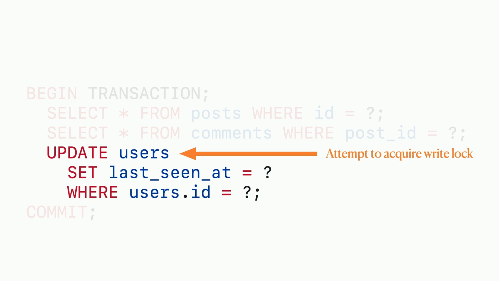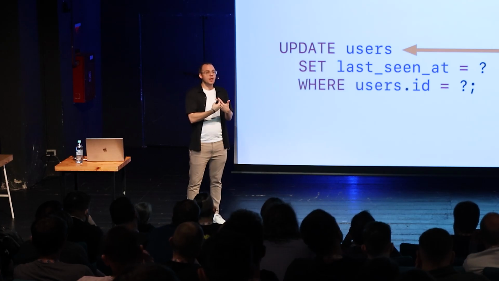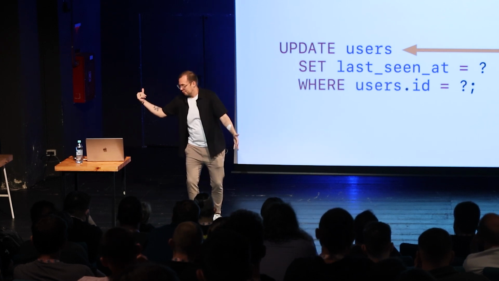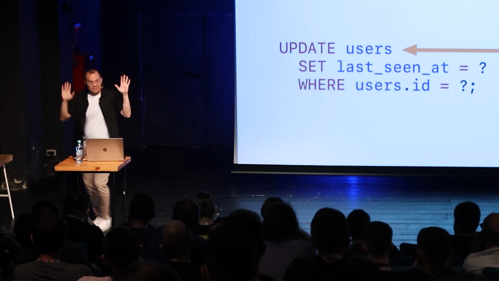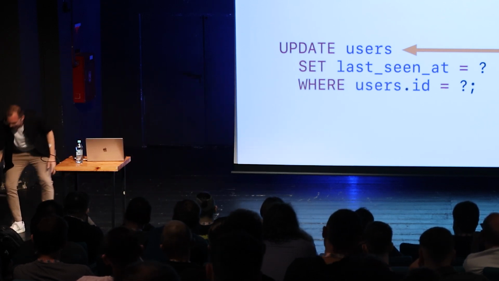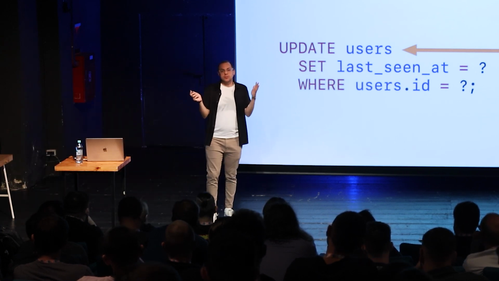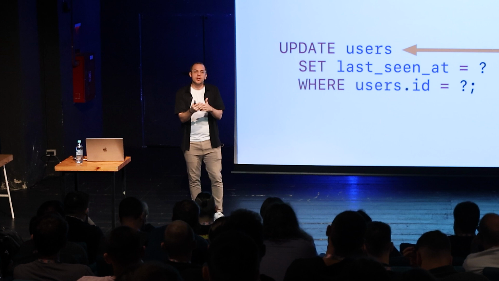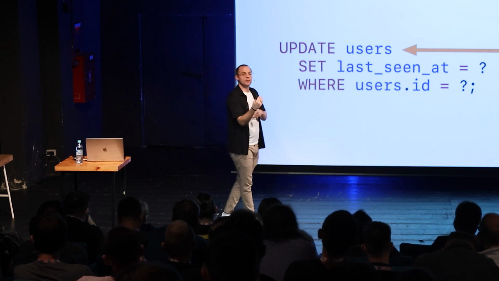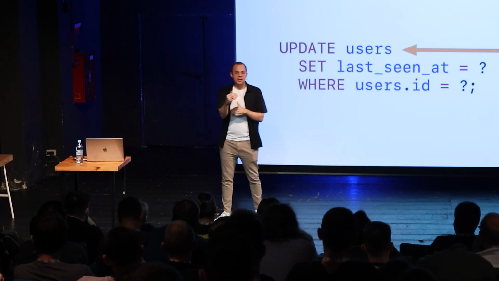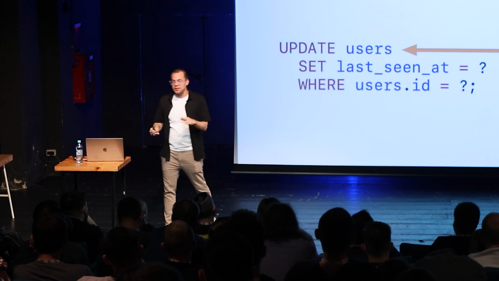And what that means is if you run this transaction, step 1, step 2, step 3, attempt to acquire the write lock, and another connection is currently writing, because you're inside of a transaction, SQLite immediately errors, because it can't retry the operation because it might get a different snapshot from the database, and it wants to keep data consistency guaranteed.